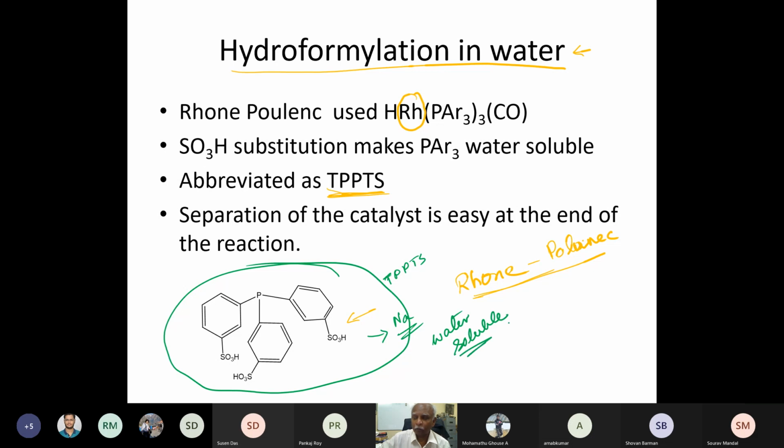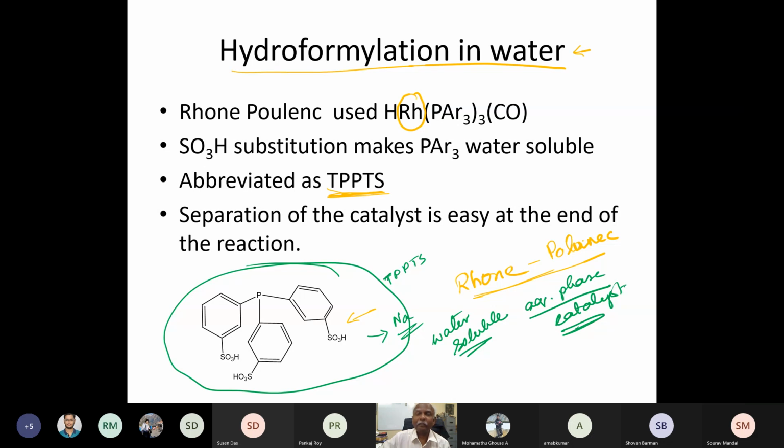And if it's water soluble, then the whole reaction can be carried out in a mixture of water and the substrate. So the catalyst remains in the aqueous phase. Aqueous phase has the catalyst. And it's at the interface that the catalysis is probably going on.